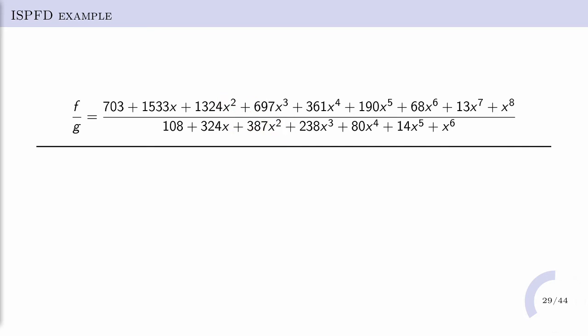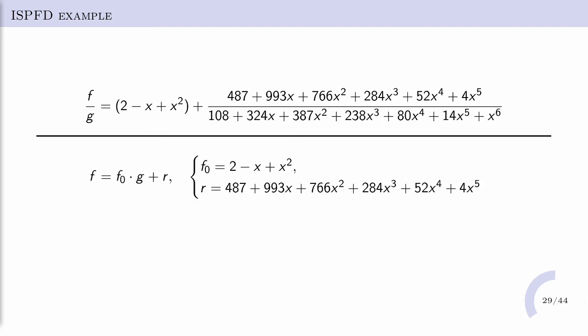We compute the quotient and remainder. We have degree 8 in the numerator and degree 6 in the denominator, so we have a non-trivial quotient. If we compute, the quotient is x squared minus x plus 2, so this is the polynomial part, and we are left only with this fraction, which is a proper fraction because the numerator has a lower degree than the denominator.